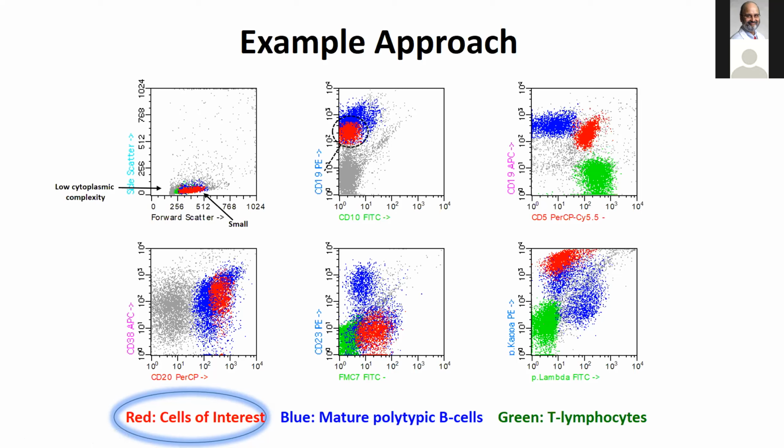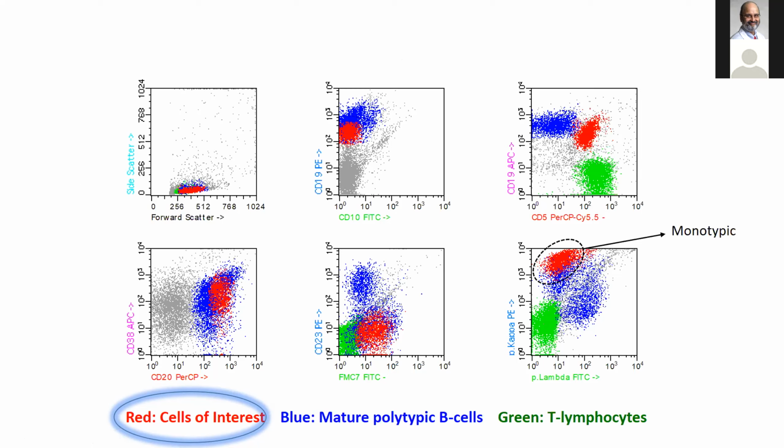Now, they happen to be CD19 positive, they're CD20 positive, and they have surface immunoglobulin light chain, so this tells me that these should be B lineage cells. Since they only express kappa, so they fall off the axis towards kappa, and they don't have any lambda, these are monotypic B cells. So now I know I've got monotypic B cells. That tells me I've got an abnormal population of B cells. Now, abnormal doesn't mean malignant.